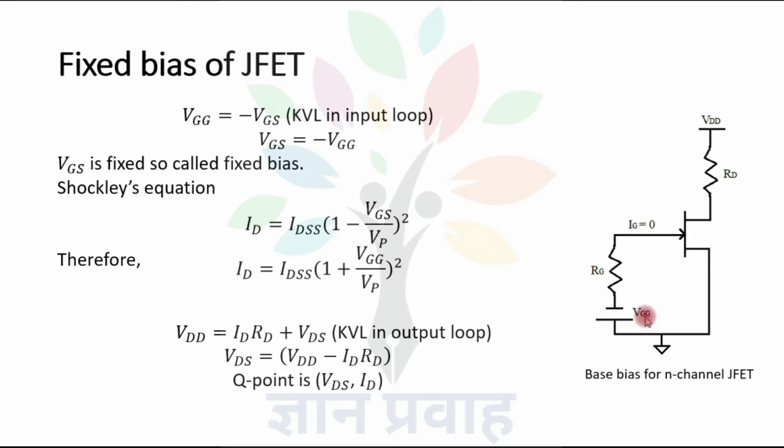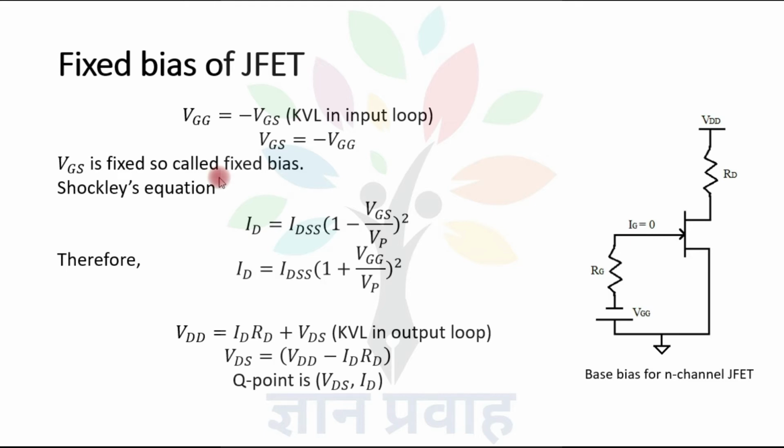So VGG equals minus VGS. VGS is the gate to source voltage of this JFET, or VGG equals minus VGS, or VGS equals minus VGG. So VGG is fixed here, it means VGS is fixed. That's why this configuration is called the fixed bias configuration.